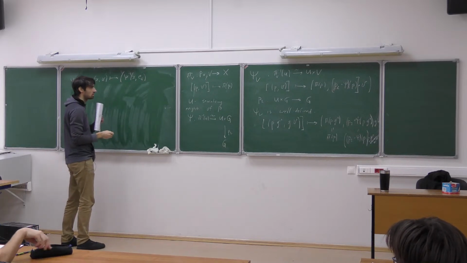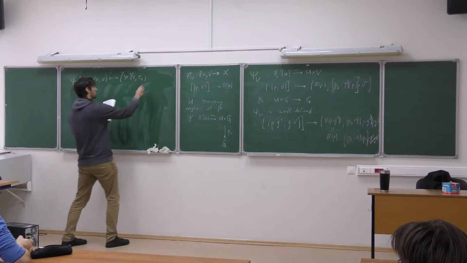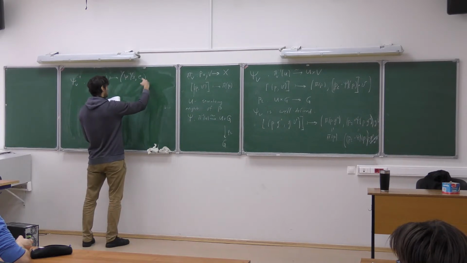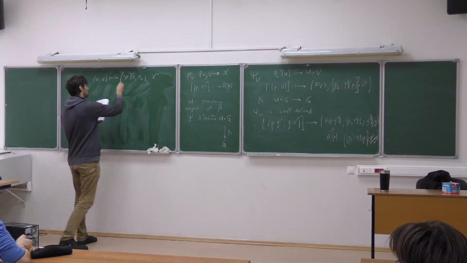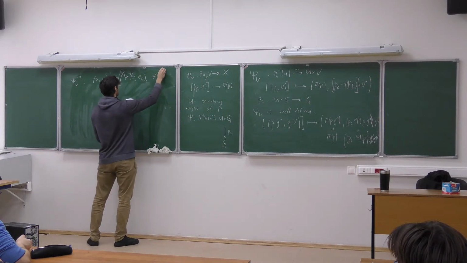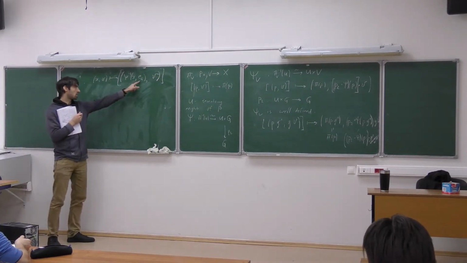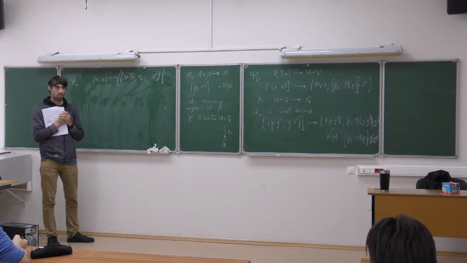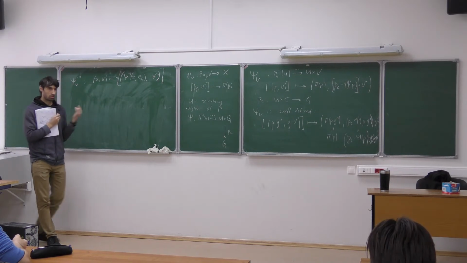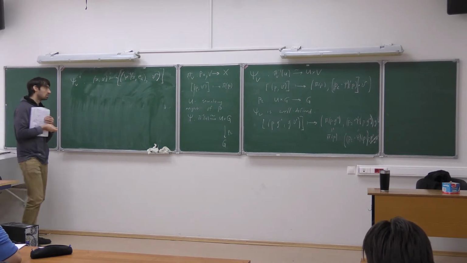So psi inverse, which is this psi. This is one component, the other component is just V itself. And so this is the equivalence class corresponding to such a pair. So this is identity in the group G. And you can check that this is actually the inverse. So if you compose it in either direction, this will give you identity.